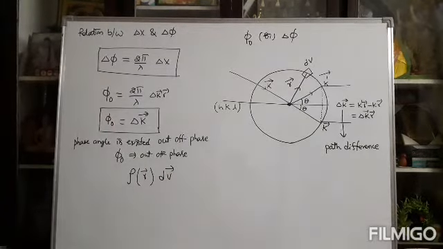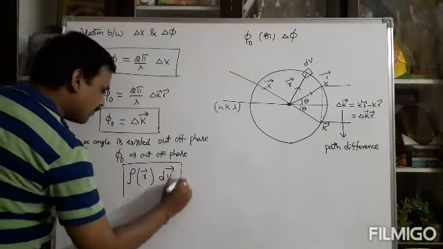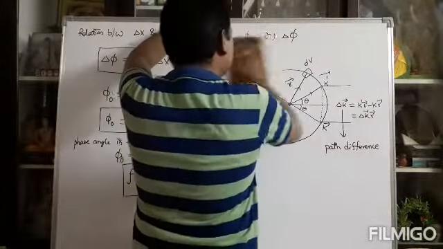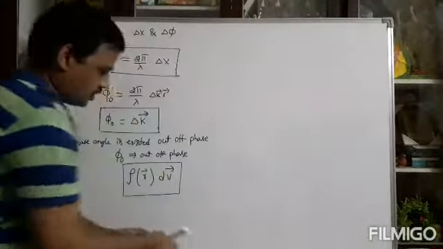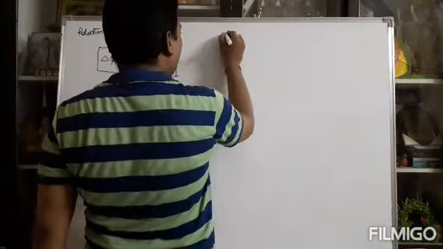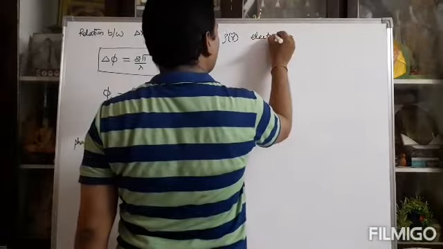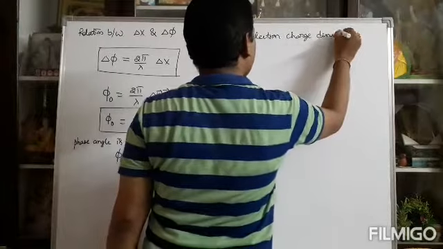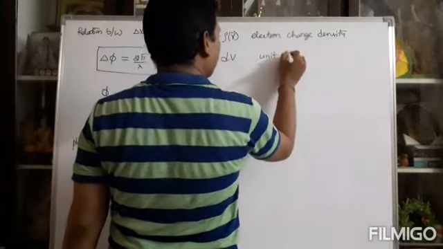This is the density factor value. Here rho of r bar is nothing but the electron charge density, and dV is nothing but the unit volume.